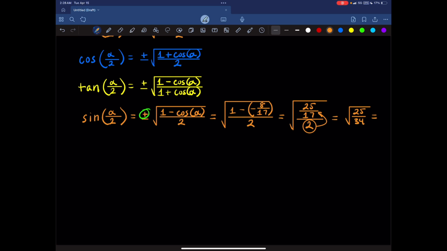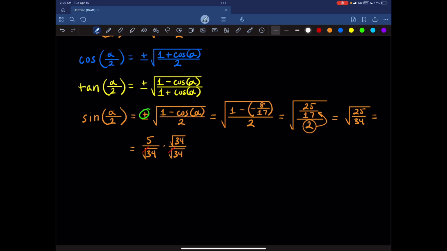The square root of the numerator is the square root of 25, which is 5. So this is going to be equal to 5 over the square root of 34, which does not simplify, so we're going to leave it like that. And then we can rationalize the denominator by multiplying by root 34 over root 34. And these square roots will cancel here.